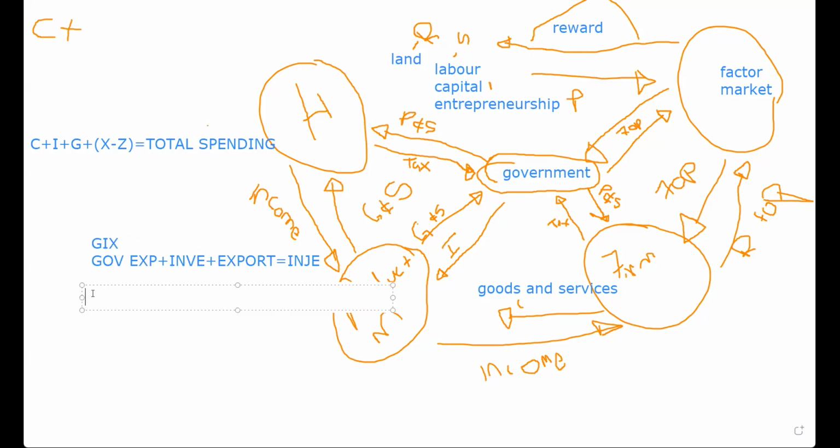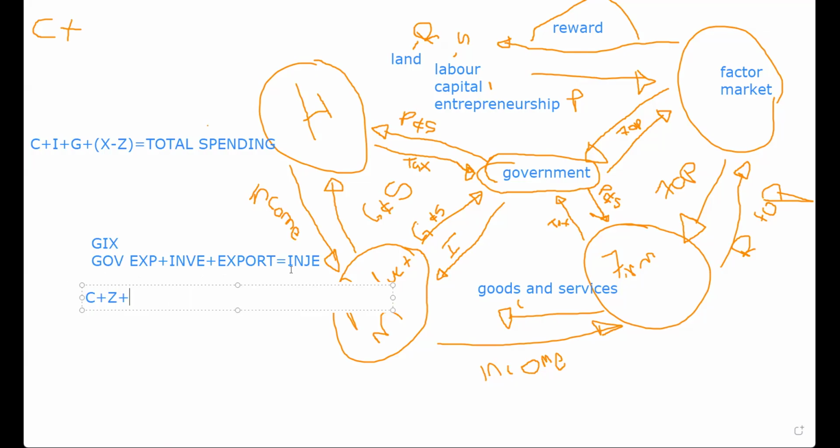Since you've used government expenditure, now you're left with what? Consumption expenditure by household. I'm going to run out of space, so let me just write C. Consumption expenditure by household plus, because you have exports, then you must have imports here, which is denoted by Z. Imports is denoted by Z. Plus what else is missing, guys?